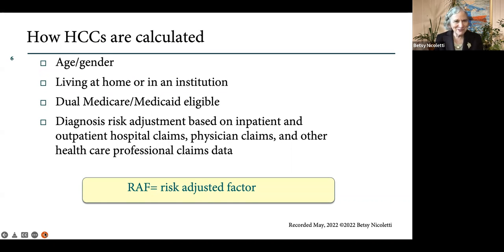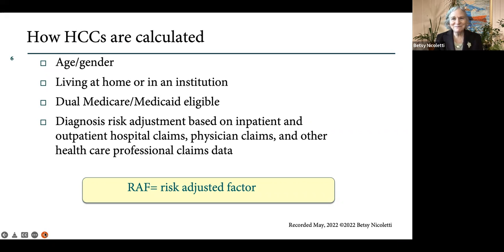So besides county, they're calculated based on age and gender. Can't do anything about that. Whether the patient is living at home or in an institution. If the patient is dually eligible for Medicare and Medicaid, that can increase costs, so that's factored in.